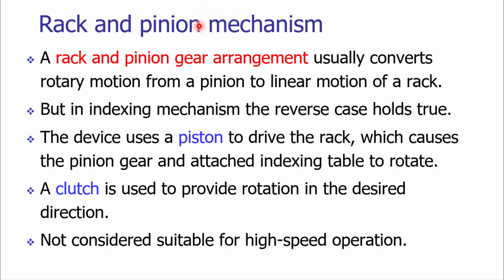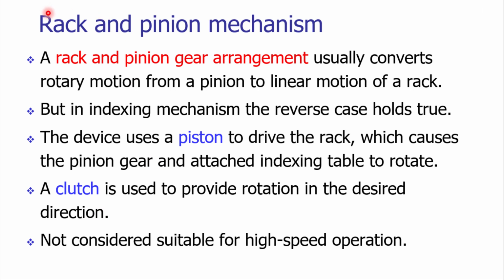To have the indexing mechanism using rack and pinion, we are using a piston to drive the rack, which causes the pinion gear engaged with the rack, and the rack will drive the pinion gear. To have the contact of the rack and pinion, we are using a clutch.